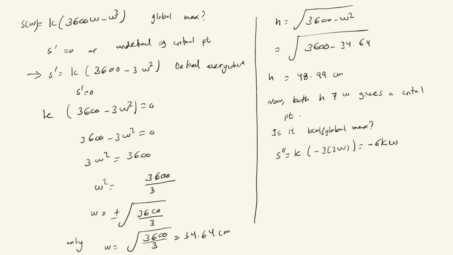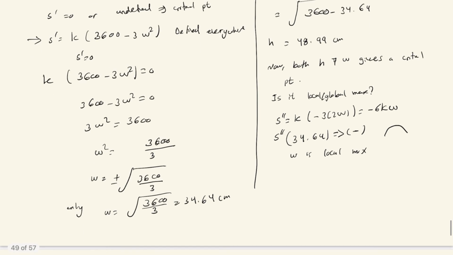Now, I'm going to evaluate our critical point W in the second derivative. I care about the signs in here. So note here, since we have negative, the sign is going to be negative. Therefore, the graph of the function S is concave down. So this is the shape of concave down. We can see we will have a local maximum.